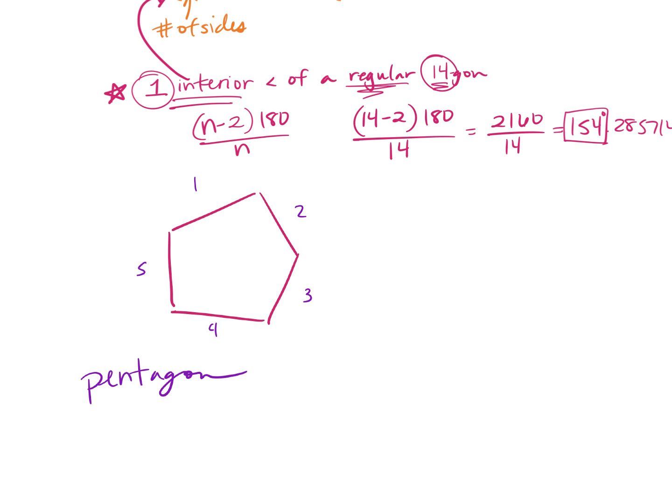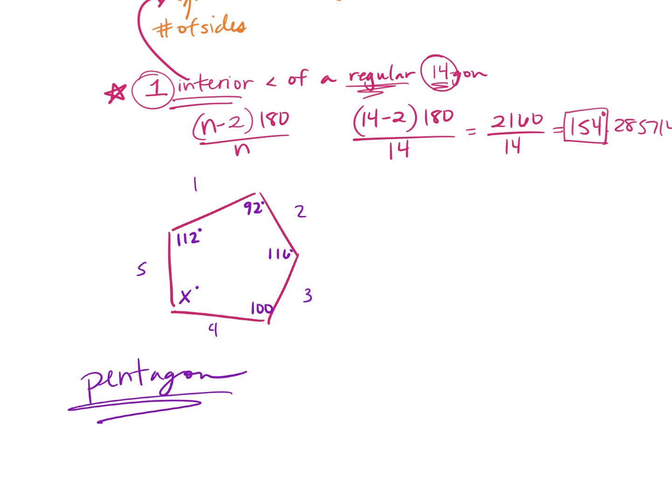Okay, what if I tell you that this is 112 degrees, and this is 92, and this is 116, and this is 100, and this is X. Okay, and we want to know what X is.